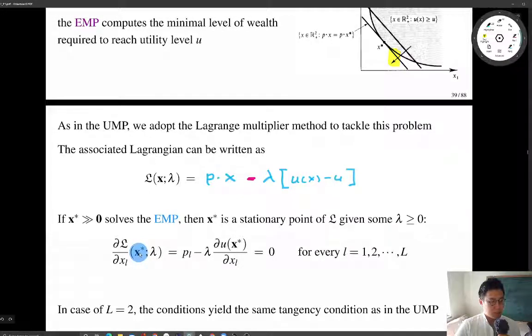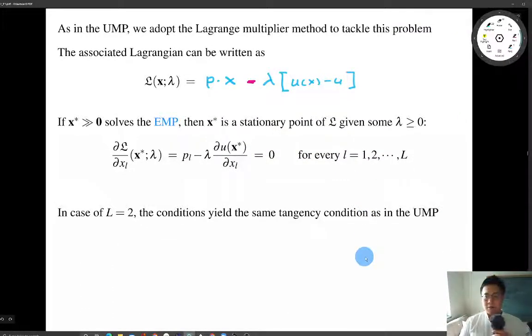All right, so for example, if we take the partial with respect to x sub L, then p dot x gives us p sub L, the price of good L, because this is just a linear expression, and the partial of the second term gives us lambda times marginal utility from good L. So we take this and set it equal to 0 for every L. All right, so in case of two commodities, the stationary point condition gives us two equations.